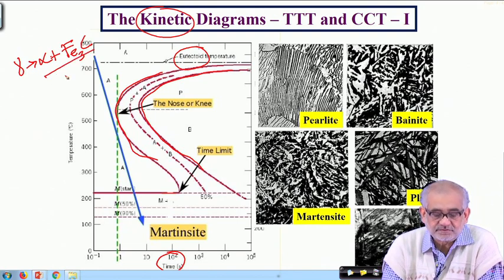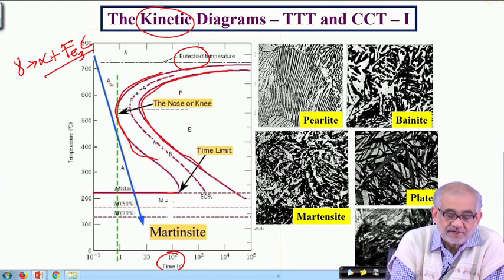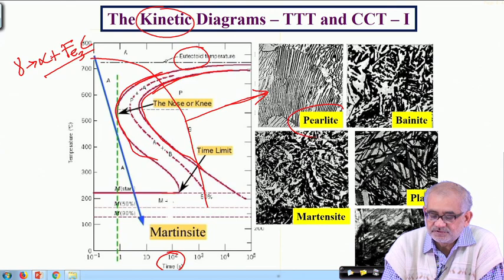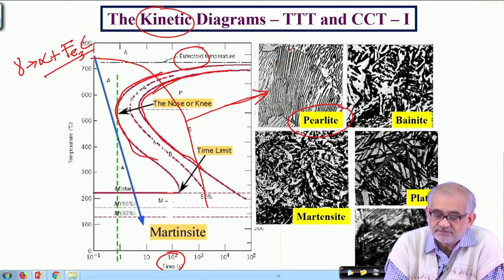But this eutectoid transformation, depending upon where it is intersecting the beginning and the end, for example, if the intersection of the time temperature plot is somewhat like this, then you end up getting a microstructure which is pearlitic, where we have an alternate sequence of cementite, and these bright regions are ferrite.